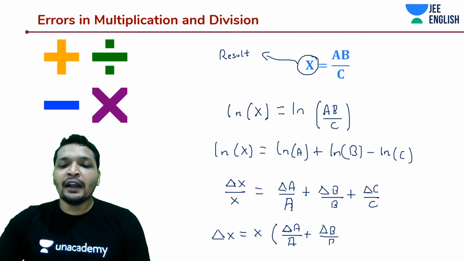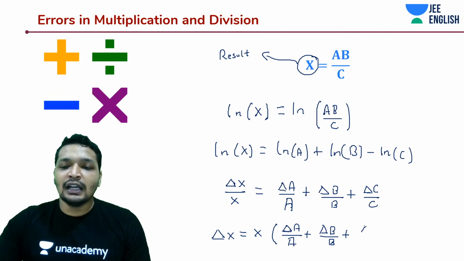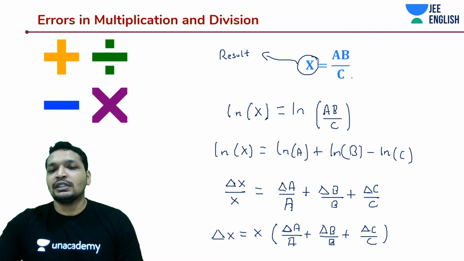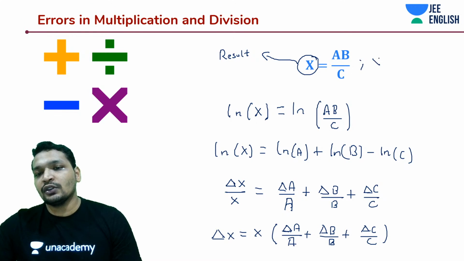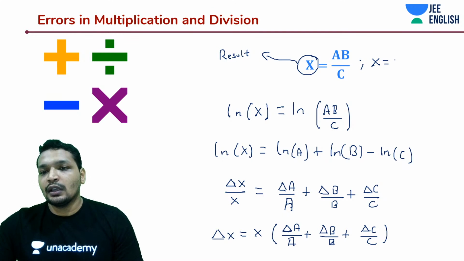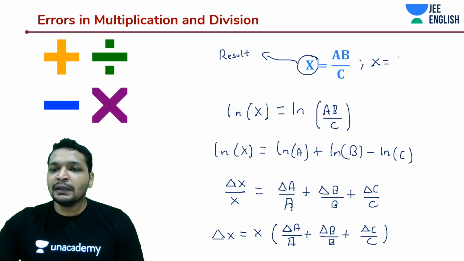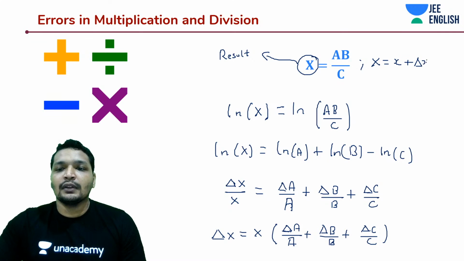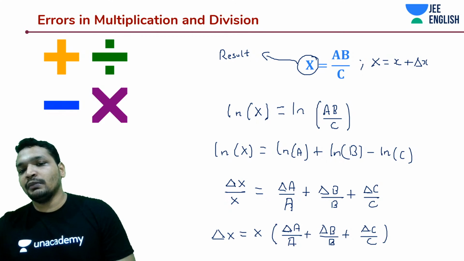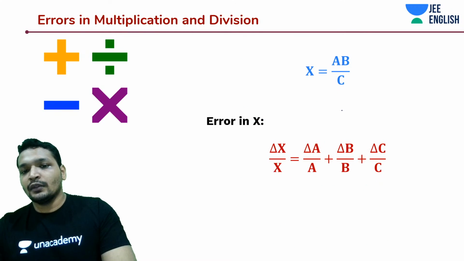So if I'm going to define the value of x, how am I going to say that? I'm going to say x is equal to a into b divided by c plus of delta x, or some small x plus delta x. Small x is nothing but a into b divided by c.